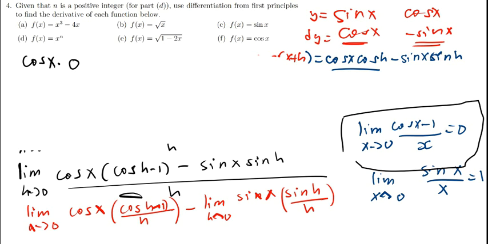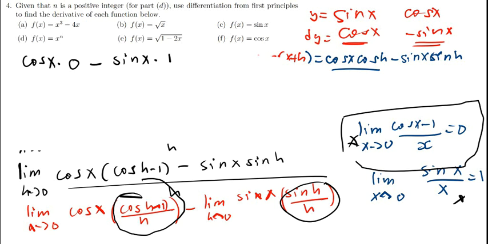The whole of this, I'll end up having 0. That is the same as that identity. That one is 1, so this I'll replace with 1. Then minus sin x times 1, so that is 0 minus sin x. Therefore the answer is negative sin x.